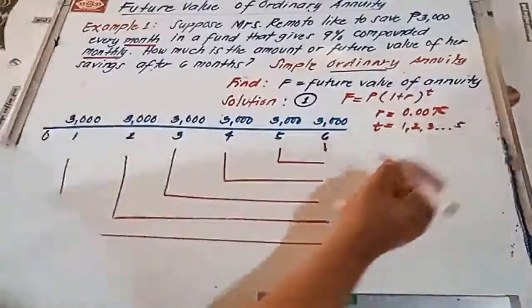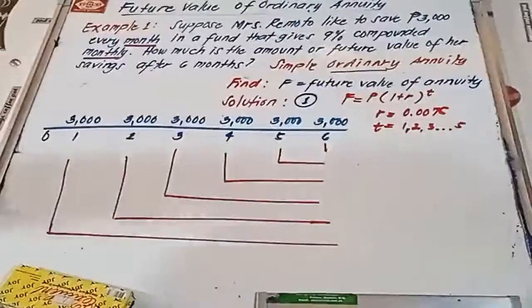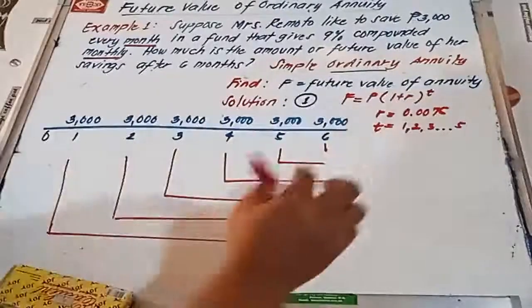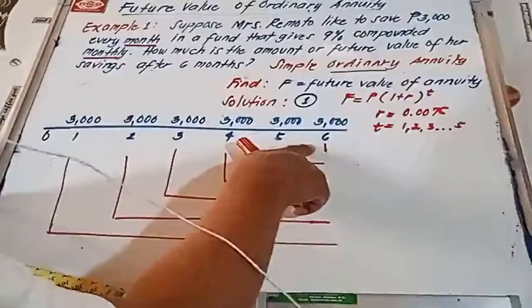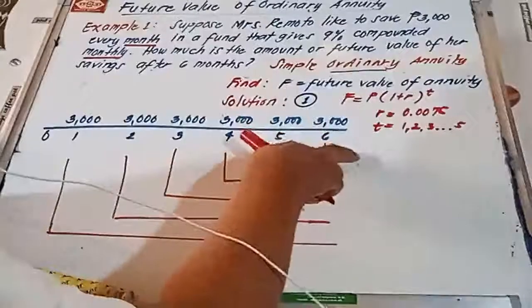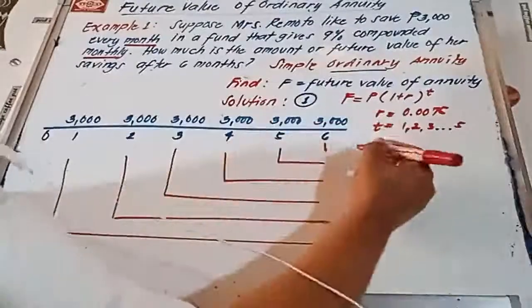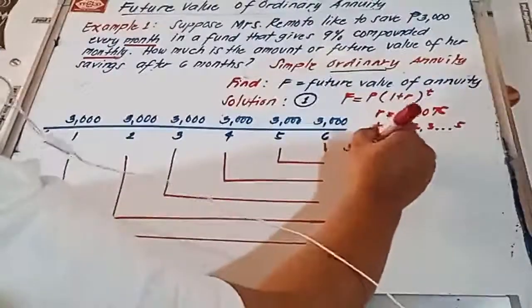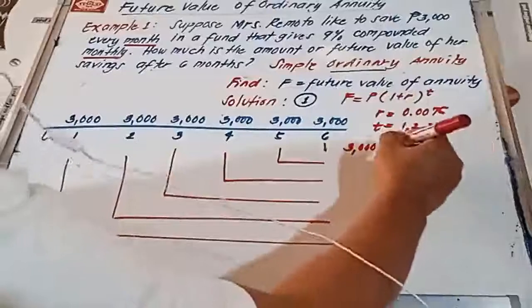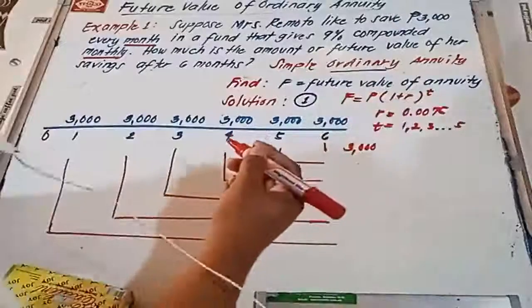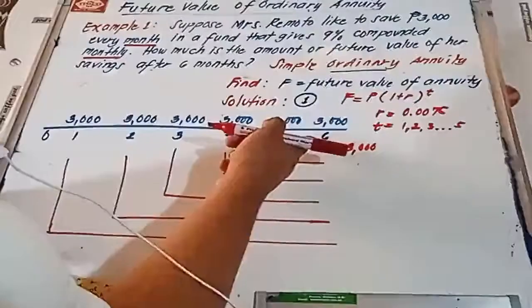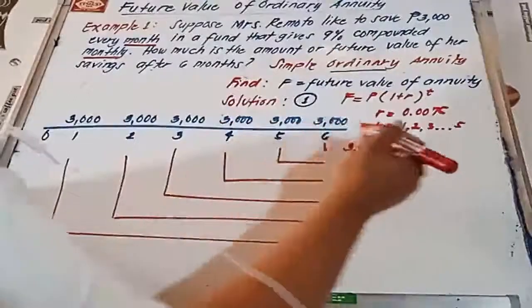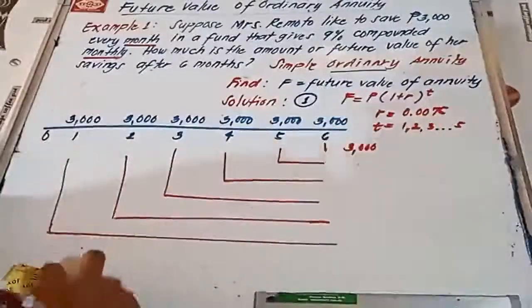Now, for the sixth payment, this is already the future, so it will not earn interest. Therefore, the future value of 3,000 is 3,000. But if you want to use the formula, P times 1 plus R raised to T, we have here 0 months, so T is 0.